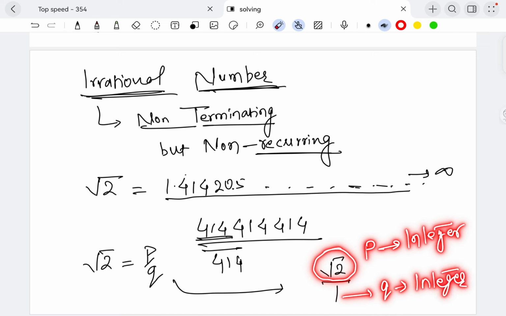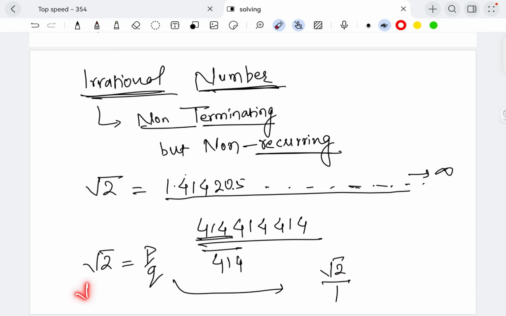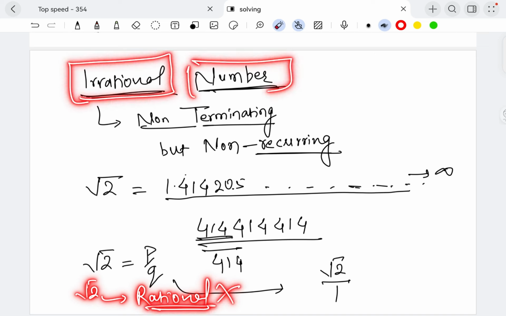So 1 is an integer, I accept, but root 2 is not an integer. That's why root 2 is not a rational number. It is an irrational number.